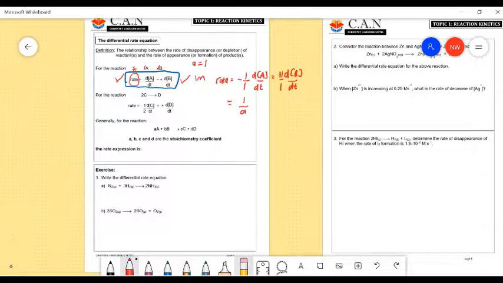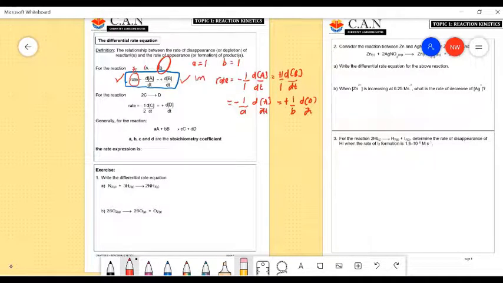Okay, it is like this: negative dA over dt equals positive 1 over 1 dB over dt.